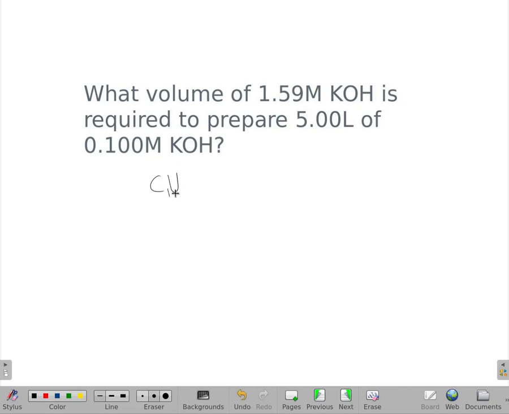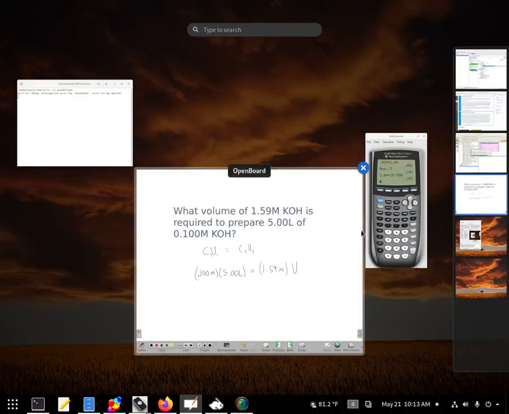So C1V1 equals C2V2 should work here. So our concentration that we want is 0.100, and we want 5 liters of it. And we're starting with 1.59 molar. We just need to figure out how much of that original stuff we need to get.